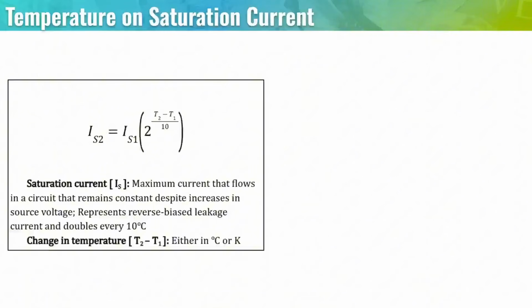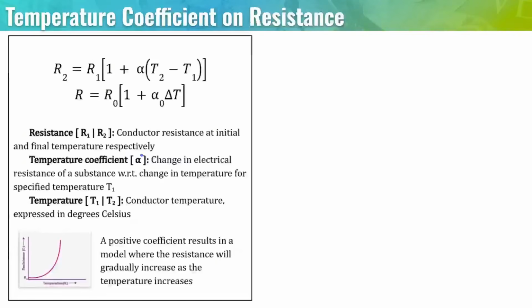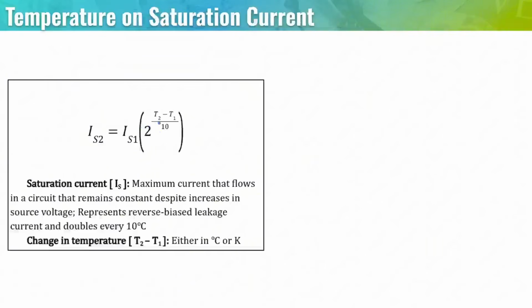So lastly, we have the temperature on saturation current. This is the last formula discussed for this section of the video. And instead of changing like 1 plus K or 1 plus alpha times change in temperature, we have this instead.